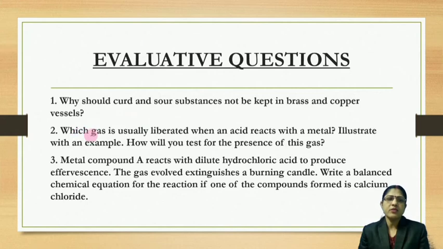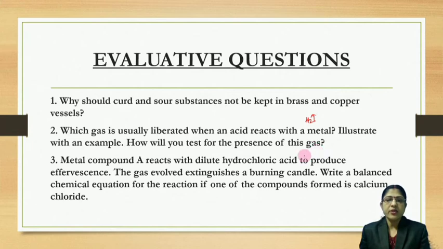Then question number 2: Which gas is usually liberated when an acid reacts with a metal? That is hydrogen gas. Illustrate with an example. How will you test the presence of this gas? In this activity, we set up the apparatus as shown in the figure.